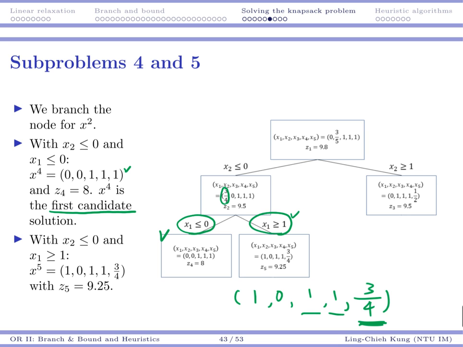Once you do that, you will get this particular solution where you still have a fractional value, and this objective value 9.25 seems to be hopeful. If we keep branching, maybe it may still generate a solution that is better than the candidate solution currently, which is the solution for x4. So that's the current situation.